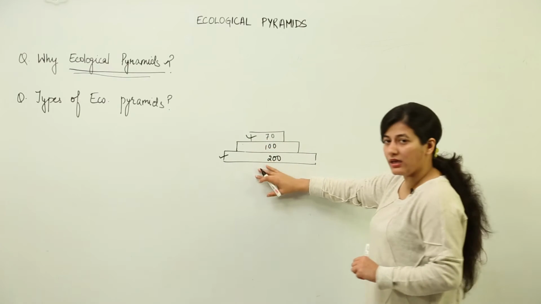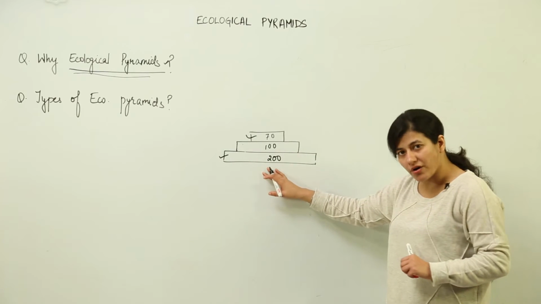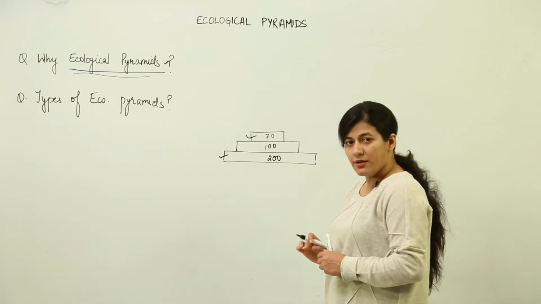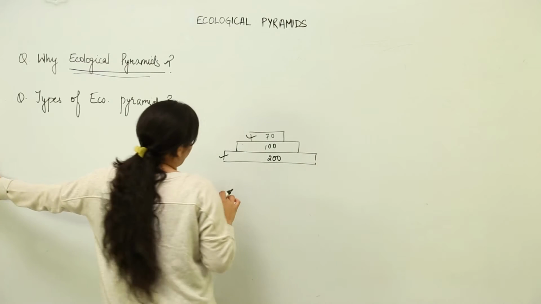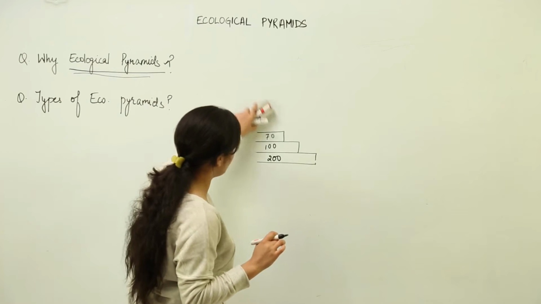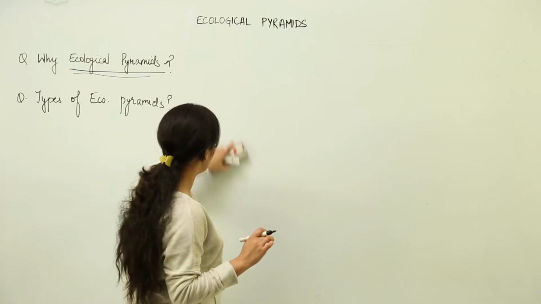So I am making a comparative trophic composition representation, which is known as an ecological pyramid. I hope I am clear why we make ecological pyramids, that at least we get an idea about the standing crop for each trophic level.